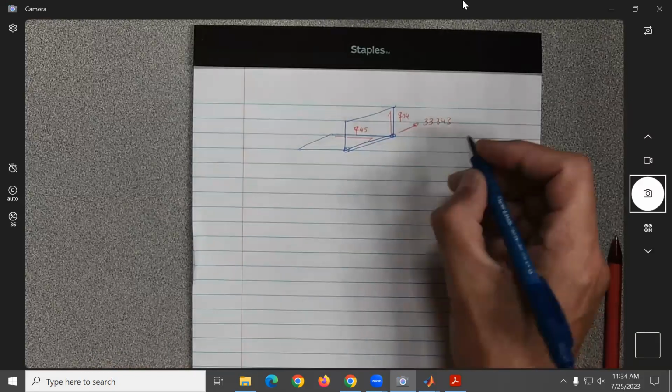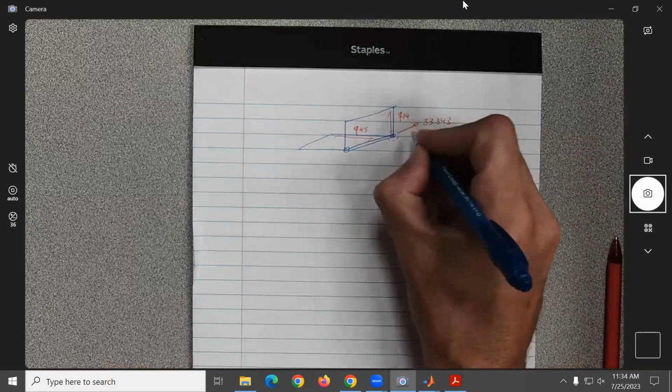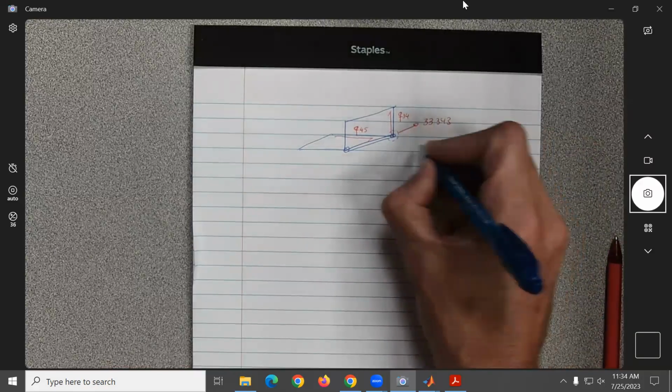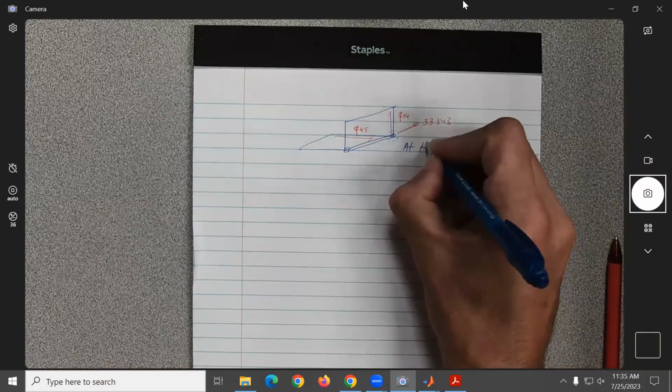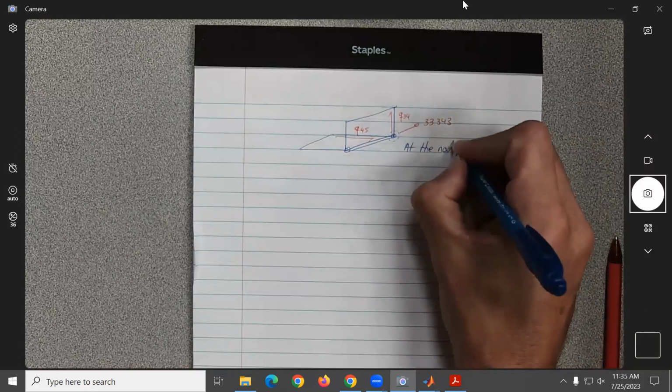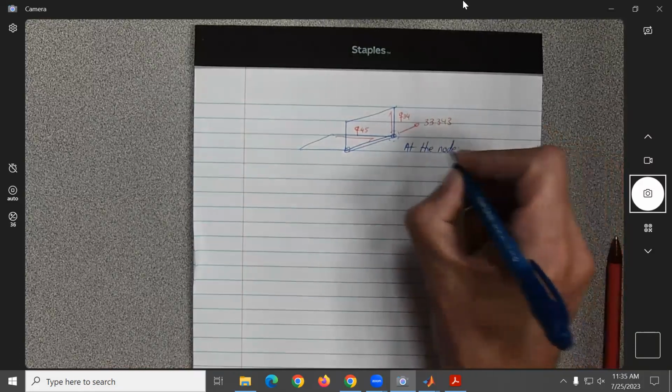So now if I do it here at the node, I think that's the notation I used yesterday. At the node, what do we have?